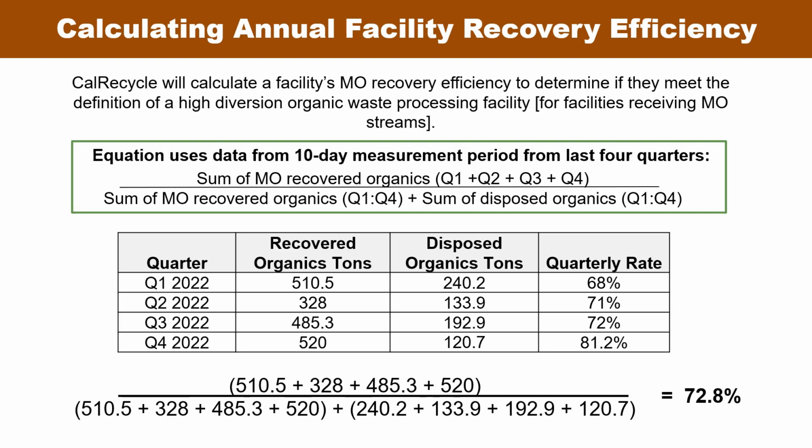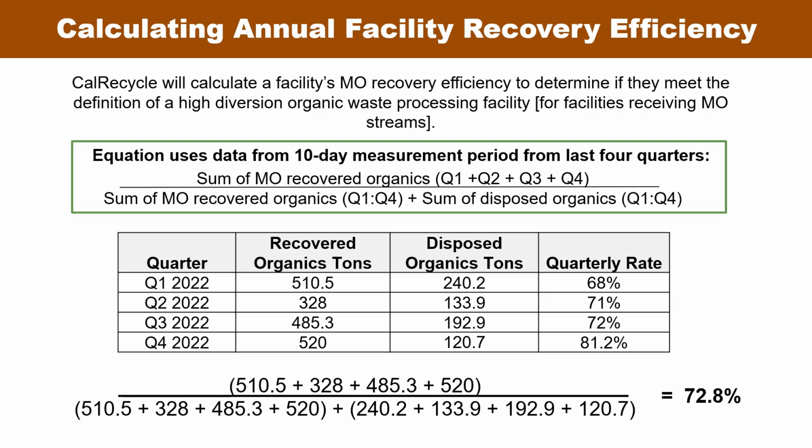That equation is the sum of recovered organics for the last 4 quarters divided by the sum of recovered organics and sum of disposed organics. This equation is outlined in section 18815.5E of Title 14.